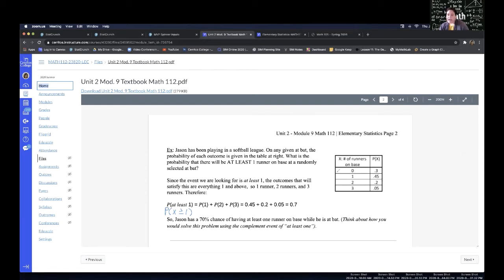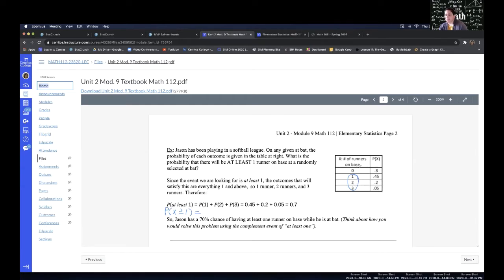Okay. And when we look at this, that includes all of these values, right? 1, 2, or 3. And notice how the book did it is they added up those probabilities of 1, 2, and 3 to get the probability of at least 1. I personally like to use fewer numbers if I can. So what I did is I looked at the complement instead of adding up 1, 2, 3.